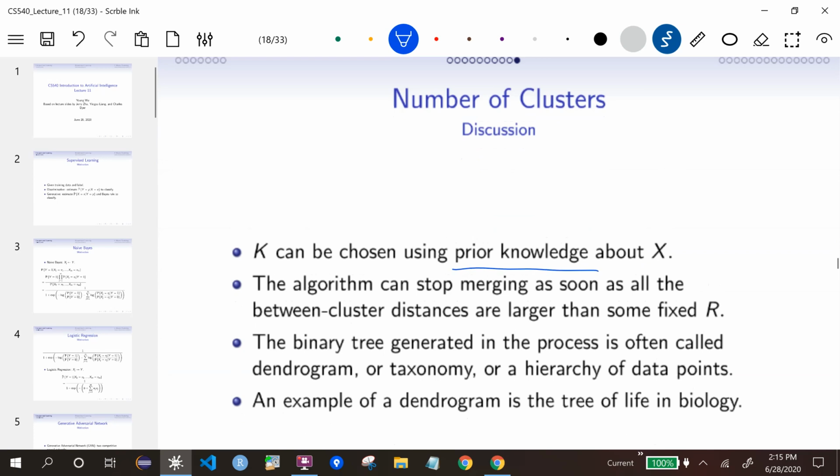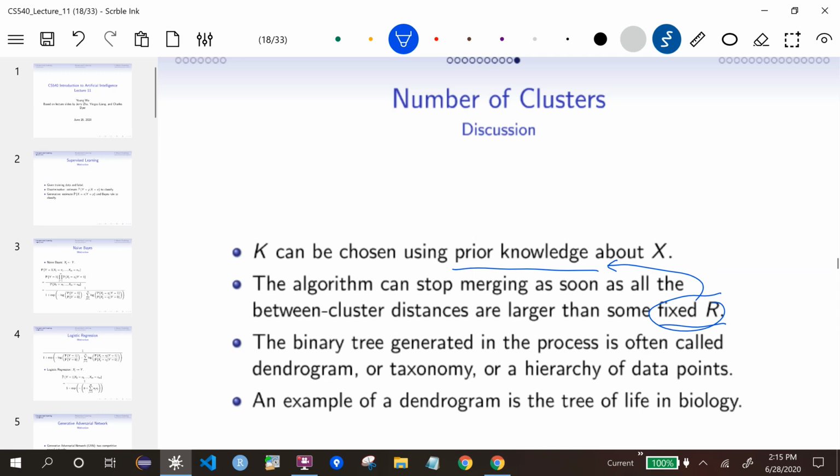Suppose we know how many groups we want, then we can just use it as K. Something else we can do is use some kind of fixed distance and stop after we reach that distance. But the way to figure out that distance is unclear, and we need to use some prior knowledge as well.